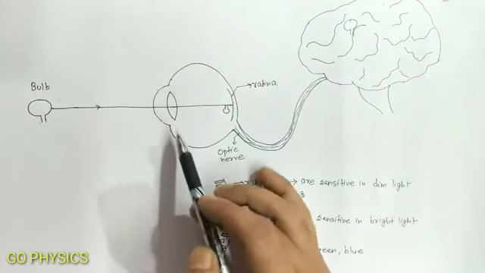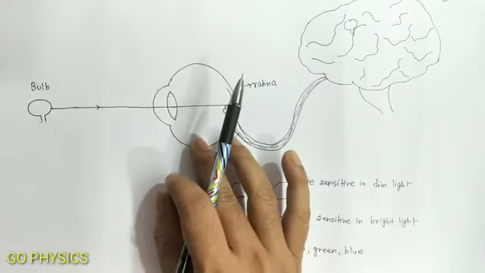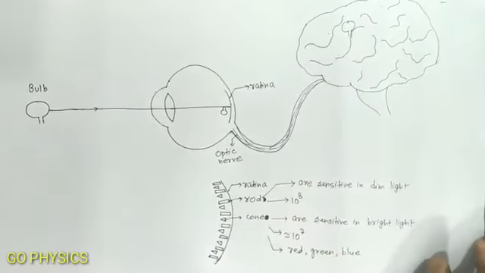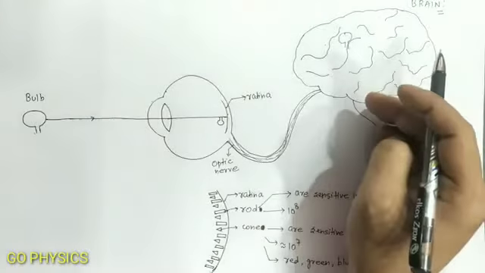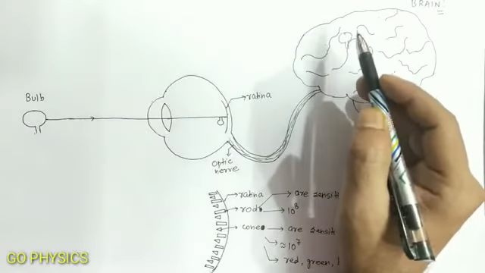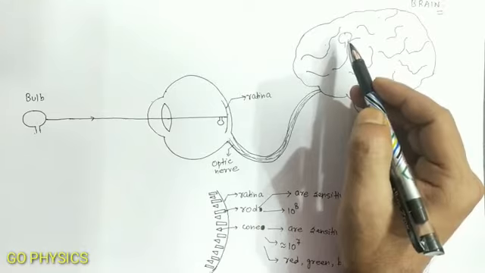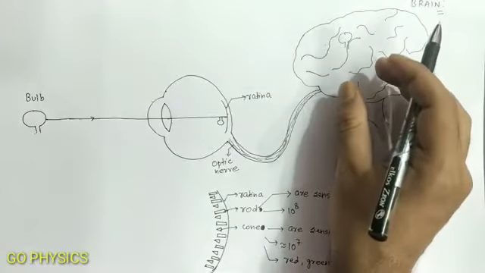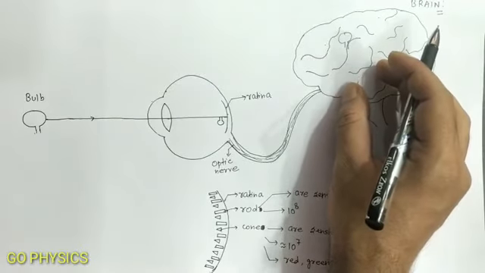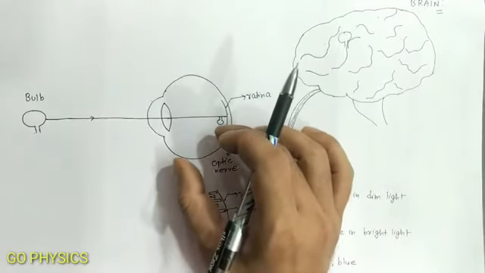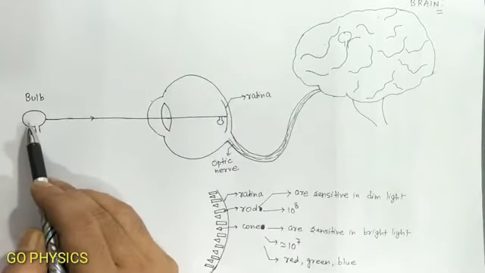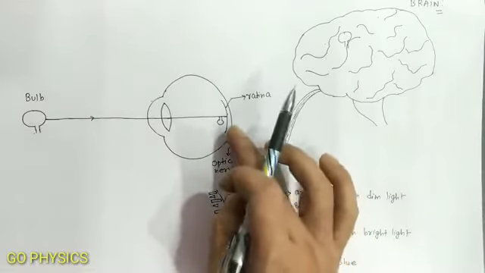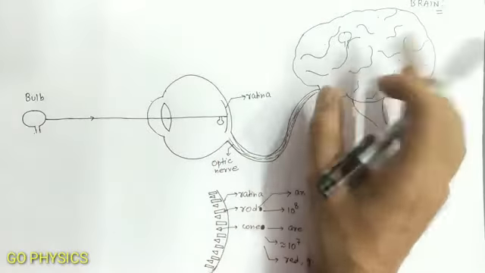The eye is only a medium to see an object, but actually we see an object through our brain. Suppose in an accident, the part of the brain whose function is to see an object gets damaged, then what will happen? That person will become blind. Even if the image of the object is forming on the retina, this image will not be transferred to the brain.